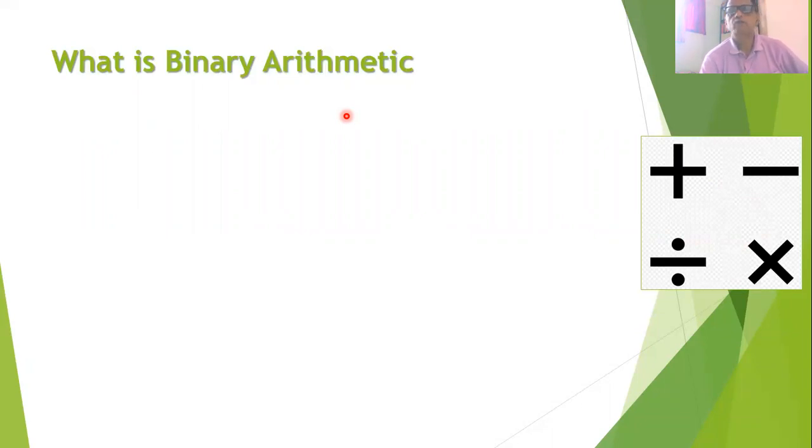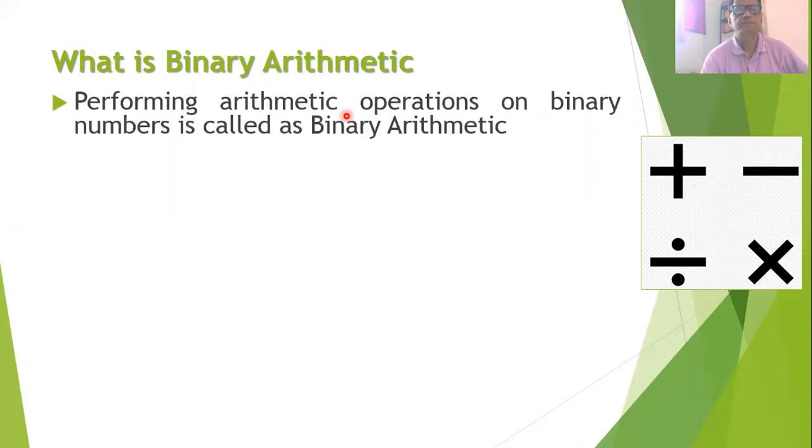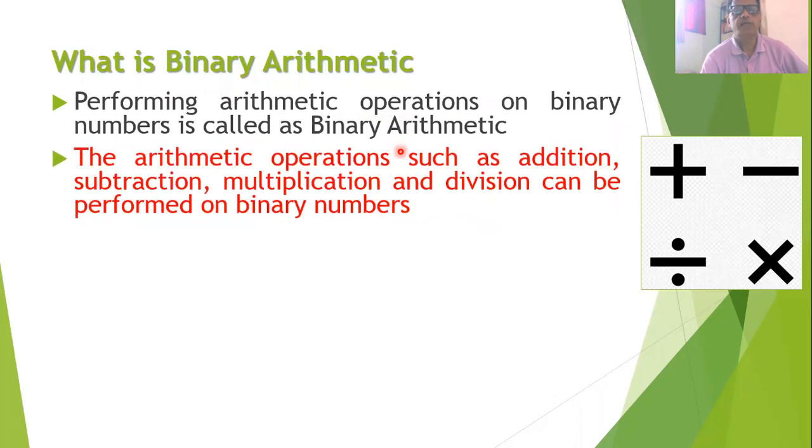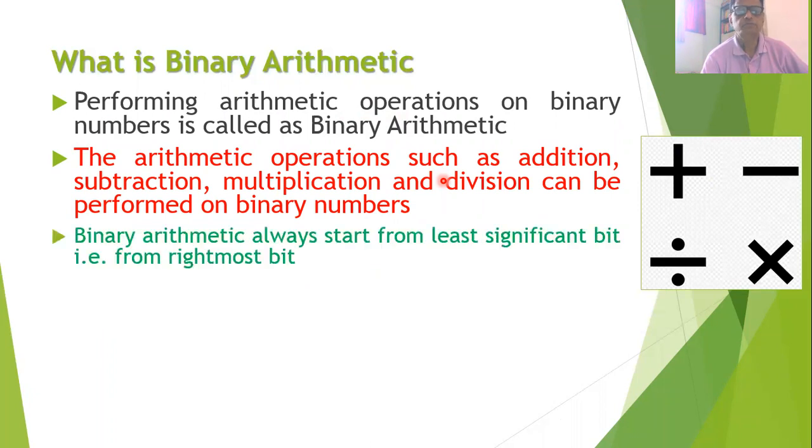But when we want to study the subjects of digital electronics or computer science, then you will find that it is mandatory for us to perform binary arithmetic as well. So whenever we perform any arithmetic operations on binary numbers, that is called binary arithmetic. We can perform addition, subtraction, multiplication, and division on binary numbers.